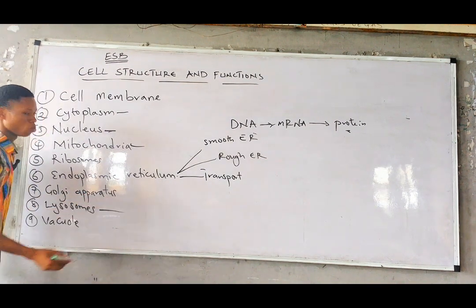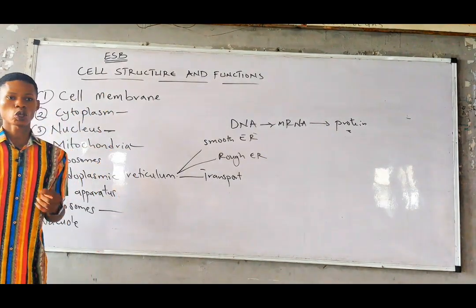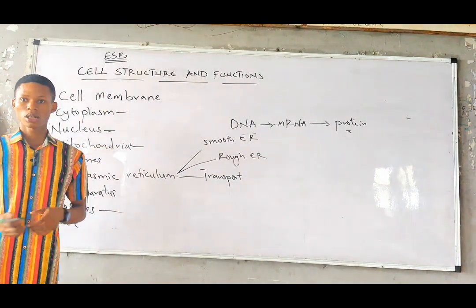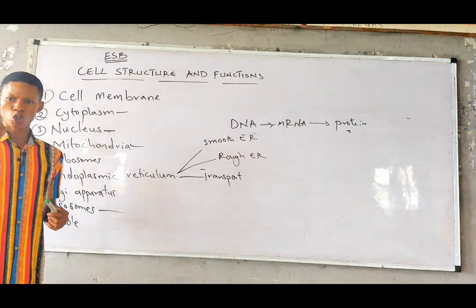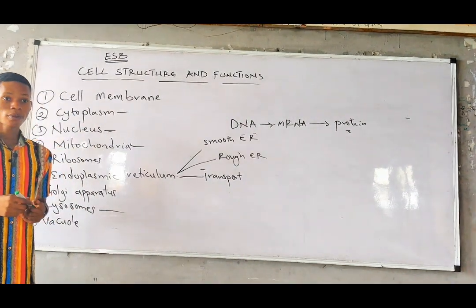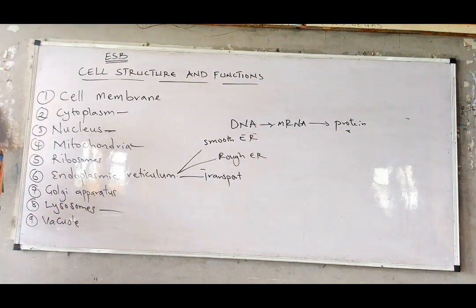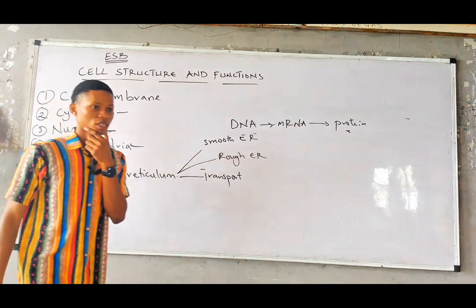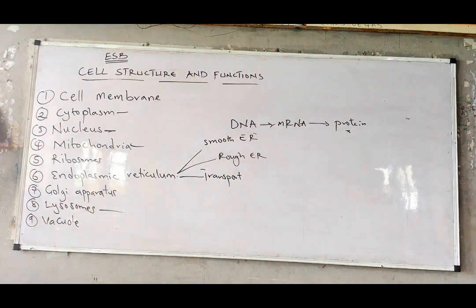The lysosome. There's an enzyme found in the lysosome called what? Say? Digestive enzyme, but there's a particular one I want you to mention, found in the lysosome. You know, digestive enzymes, yes. Say it, it is correct.